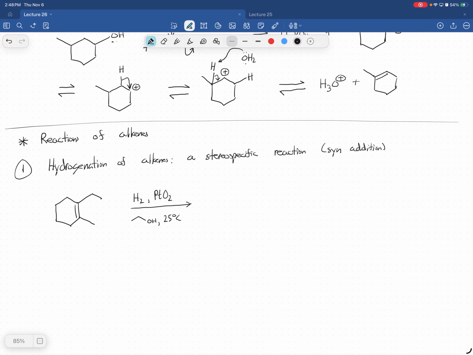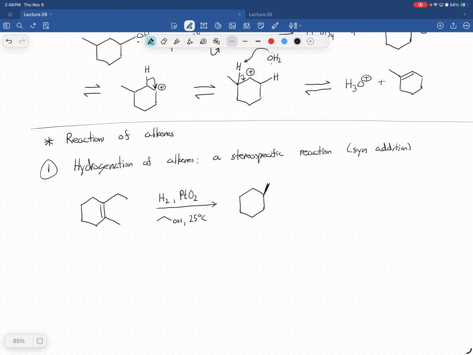You would do this reaction under pressure so it'll go faster. So here what we get is two products because remember the alkene is planar, so you're going to get both enantiomers. You get the hydrogen adding from the top face and the hydrogen adding from the bottom face.